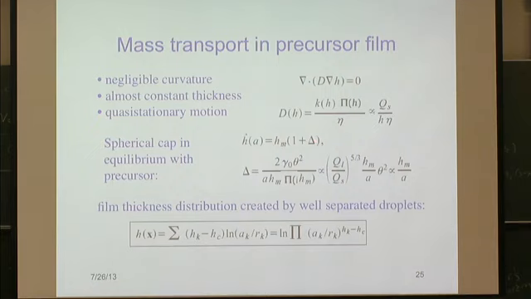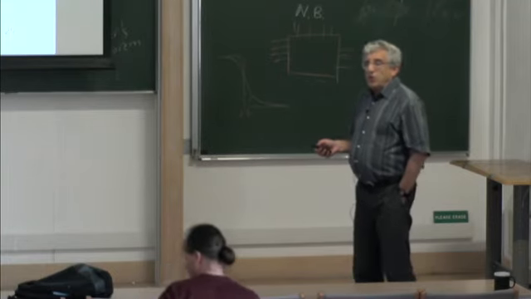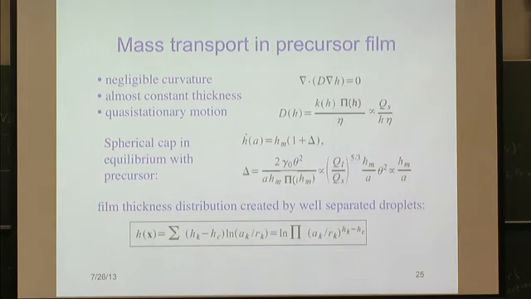This is how this change is computed, and it is with a coefficient that is about the ratio of a standard precursor length to the radius of the drop. So this is, of course, an effect which is significant for small droplets, for micro droplets. And then this is the Laplace equation.